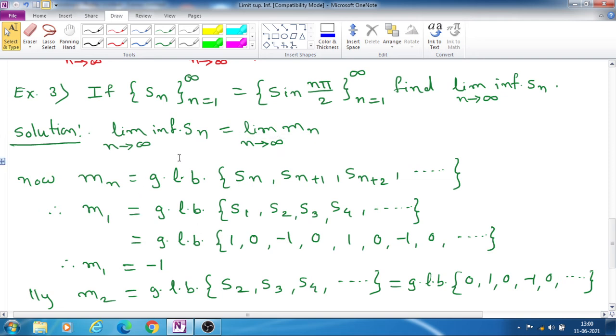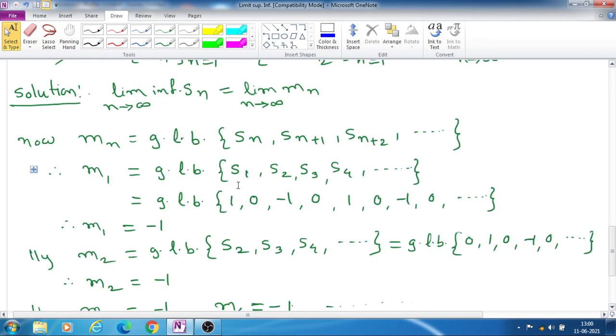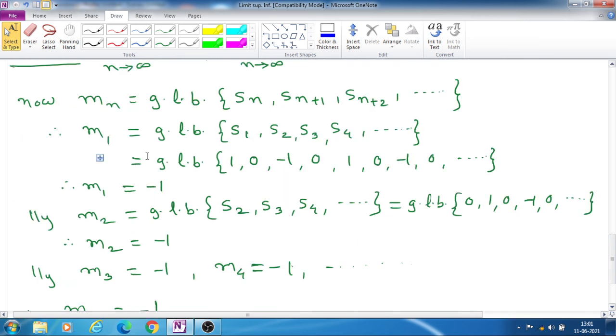So here limit infimum of Sn is equal to limit of small mn, where small mn is equal to GLB, that is greatest lower bound, of the set starting from Sn, Sn plus 1, Sn plus 2, and so on. Now small m1 means GLB of S1, S2, S3, and so on, and these terms are 1, 0, minus 1, 0, plus 1, 0, minus 1, 0, and so on. Therefore the lower bound of this set is minus 1.